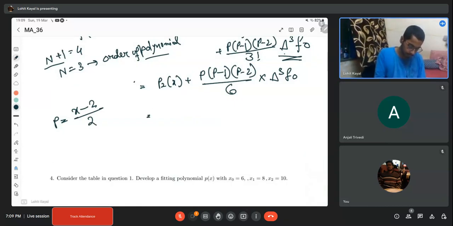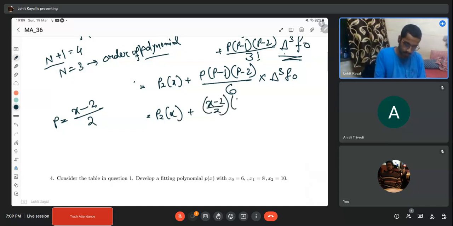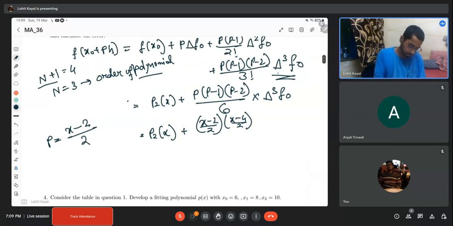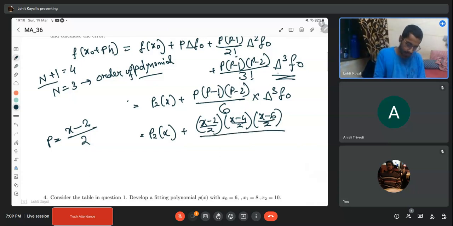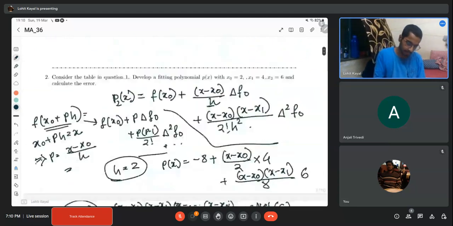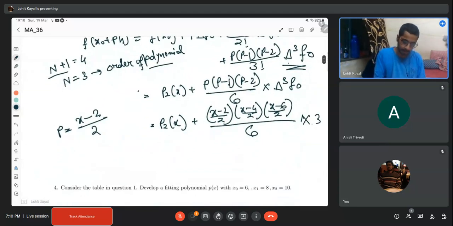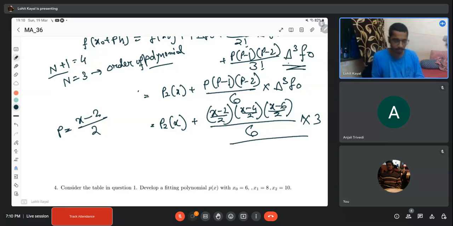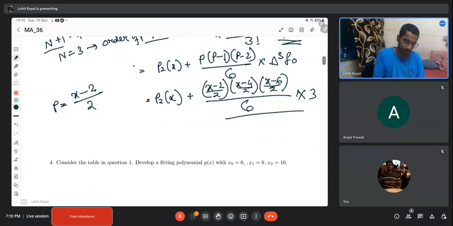Alright, so it will be p2x plus x minus 2 by 2, x minus 4 by 2, and x minus 6 by 2, divided by 6, and delta cube f naught is 3 multiplied by 3. So this will be your desired answer. You need to calculate it, but this is the answer.